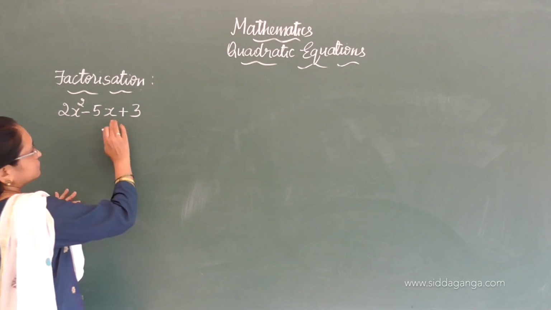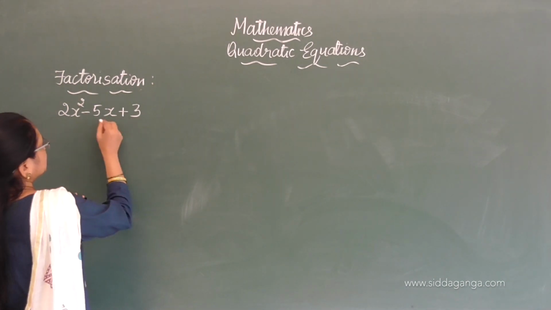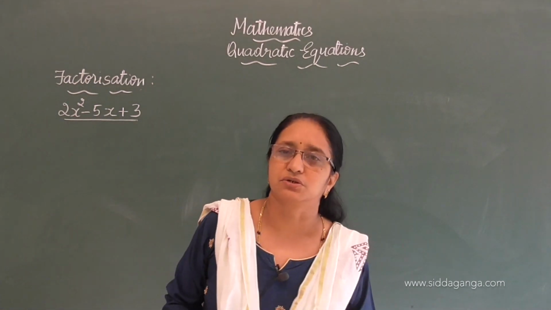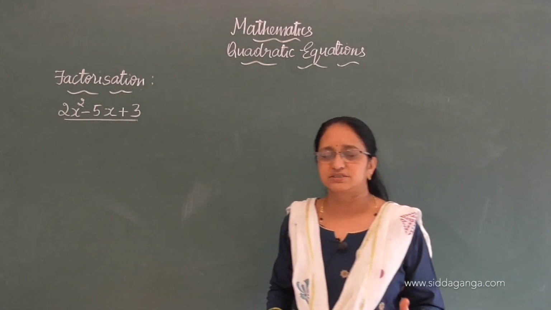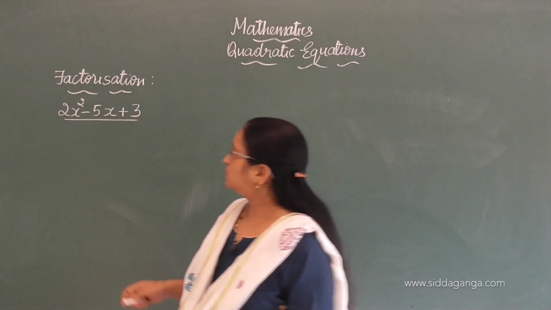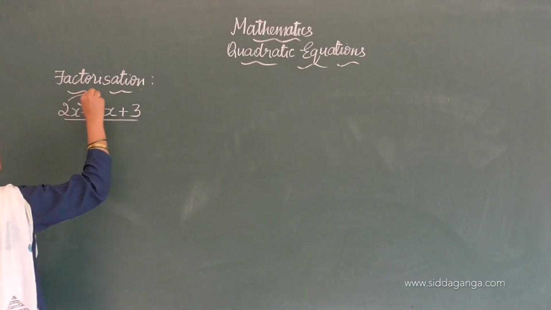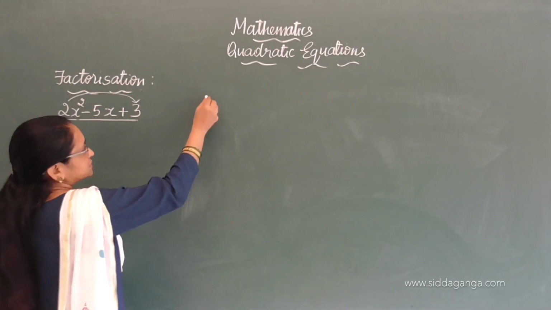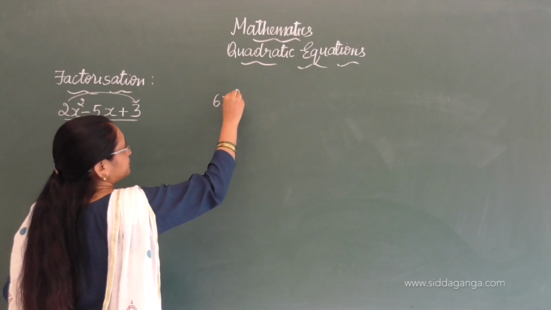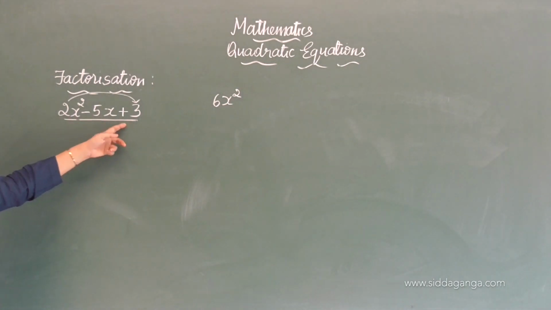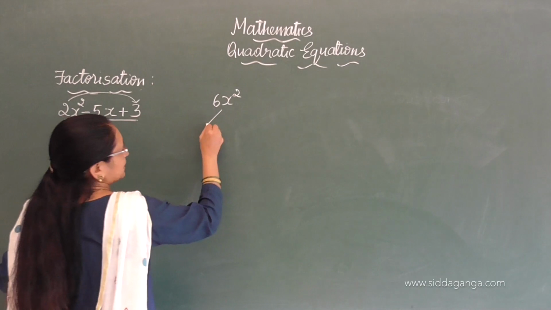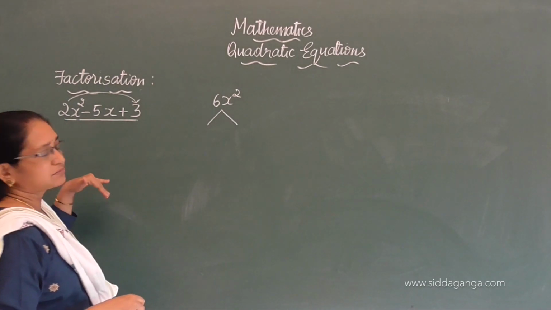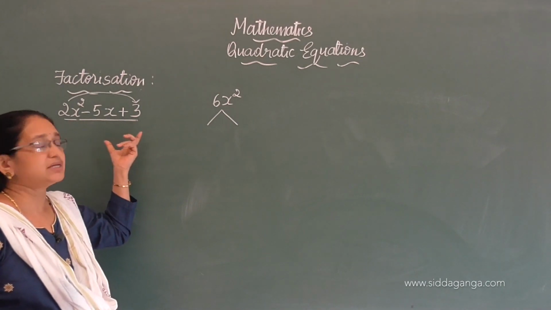You know quadratic equation means it will be equal to 0. For this, let us try to find out the solution by using the factorization method. You all know how to do it. You have to multiply 2x square into 3, it will become 6x square, correct? Now factorization, that is nothing but splitting the middle term.